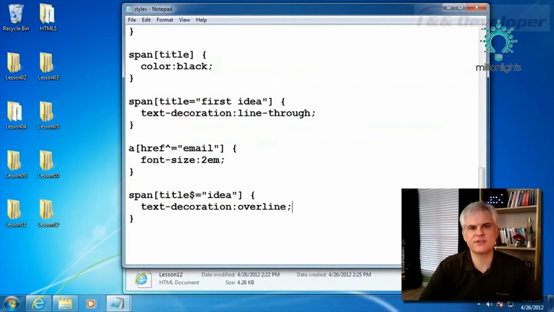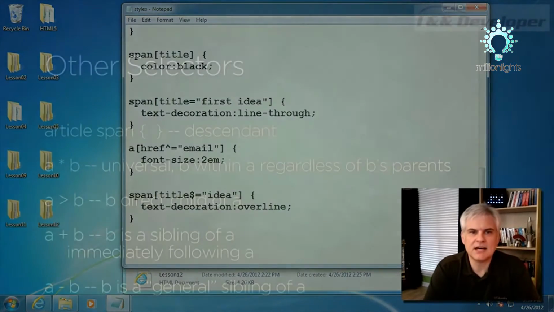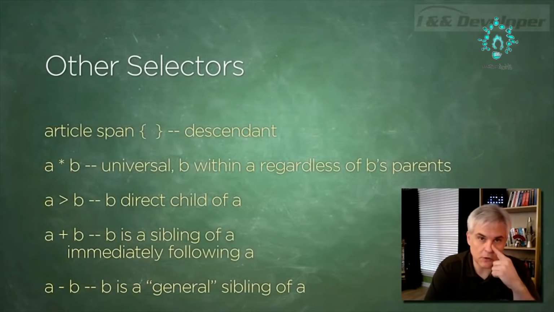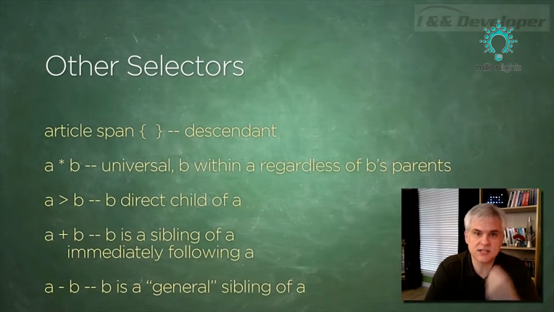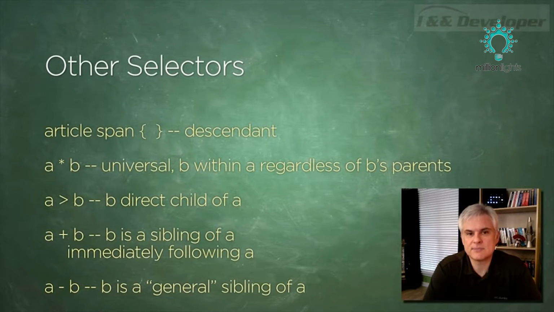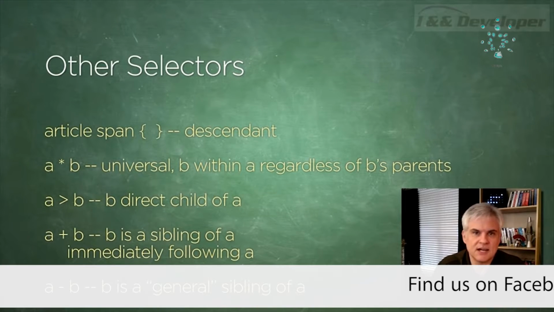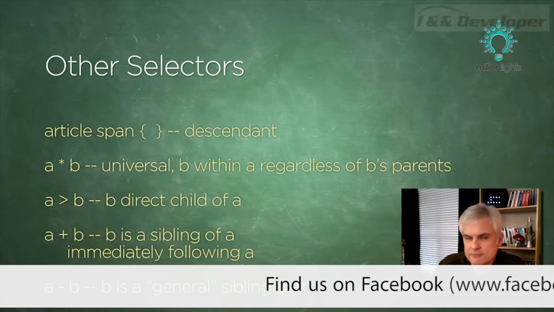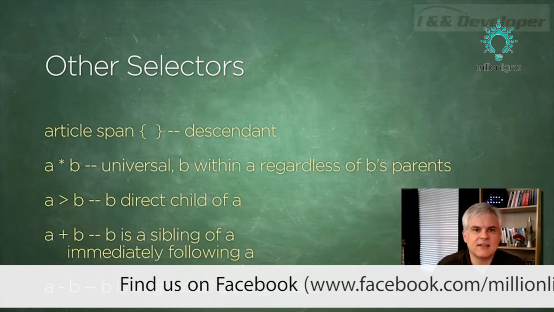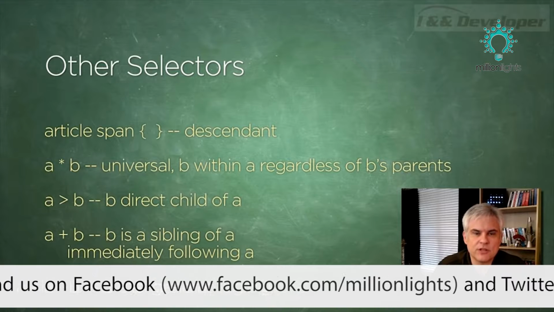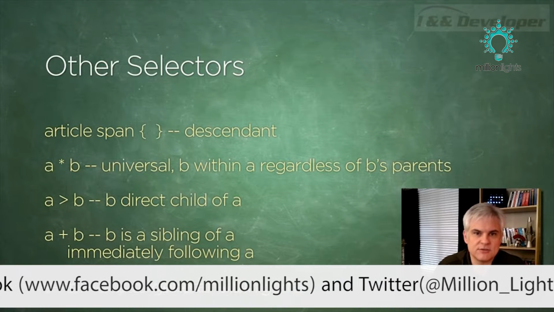Okay, and there's several others that I just didn't take the time to incorporate into this example. Let me just pop them here on screen. There are descendants. So in this case, article span, it would select all span elements that are descendants of article, as opposed to span elements that are descendants of section or some other tag. Then there's where you can use an asterisk character, which means universal.